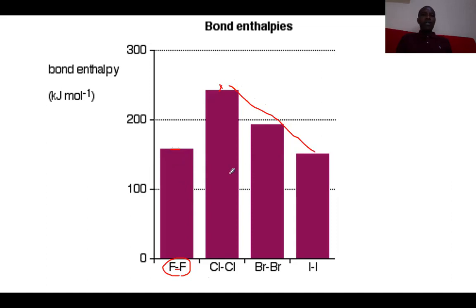You give the general information, and then you give this as an anomaly. So the energy required to break this particular covalent bond between those two atoms of F-F, Cl-Cl, Br-Br, or I-I is what we call the bond enthalpy, and it decreases generally down the group.